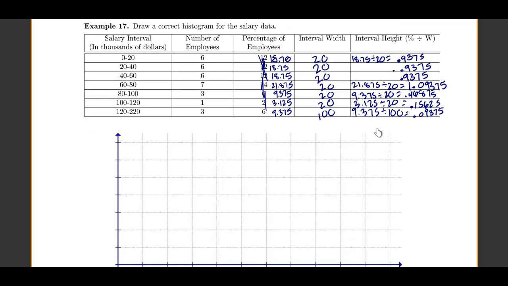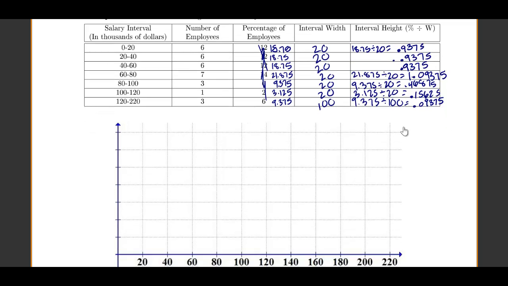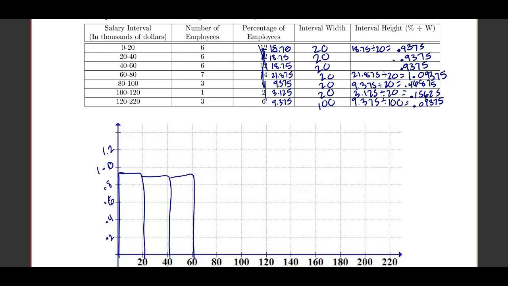Now that we've calculated each of the heights, I need to draw my scale over here. Let's maybe go by 0.2: 0.2, 0.4, up to 1.0, 1.2. Okay, now for each interval, we're going to graph our new height. So for 0 to 20, we're going to go up to 0.9375. 20 to 40 and 40 to 60 are also at 0.9375.